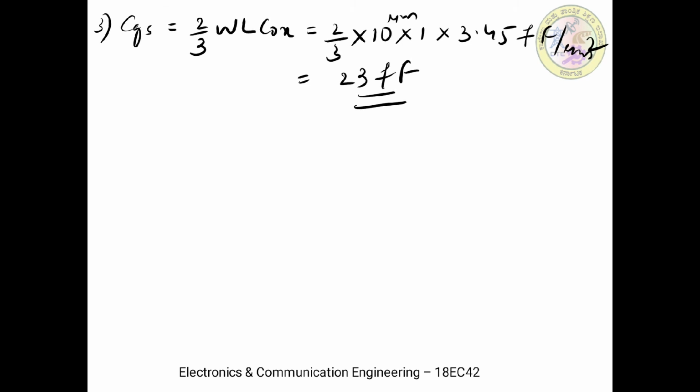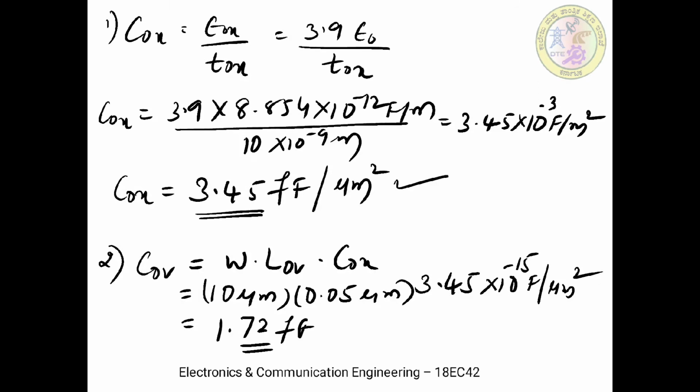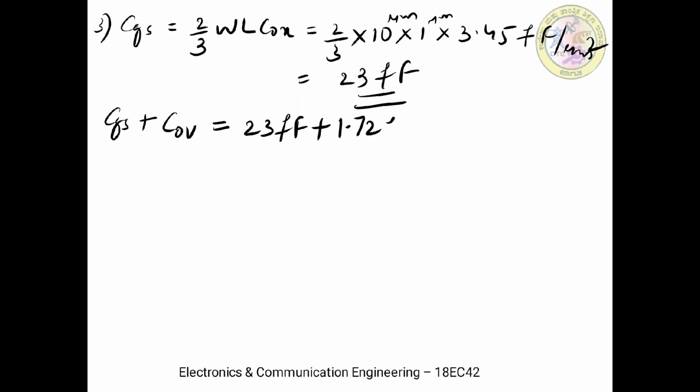But to this CGS we also have to add the overlap capacitance. So 23 femtofarad plus COV, which was 1.72 femtofarad, is going to give 24.7 femtofarads. That is the CGS value.